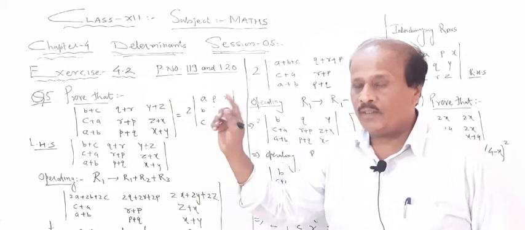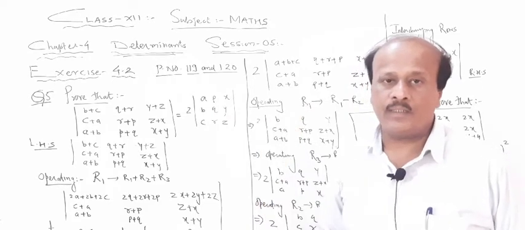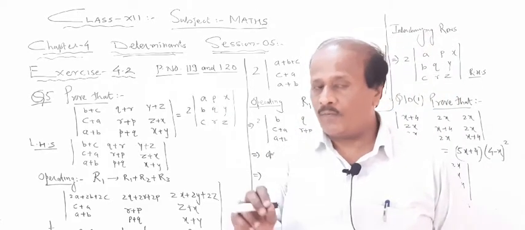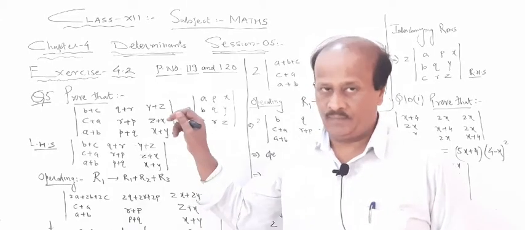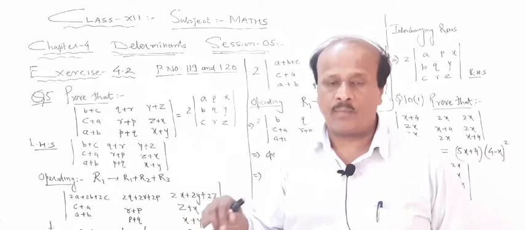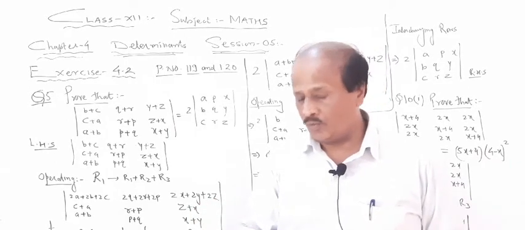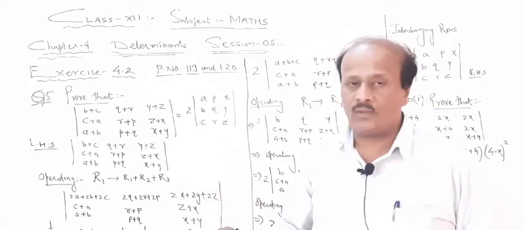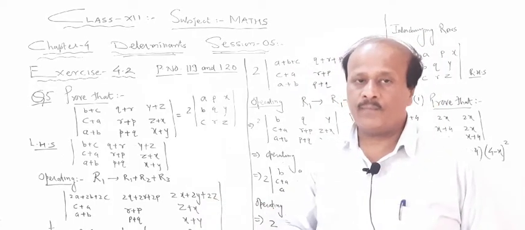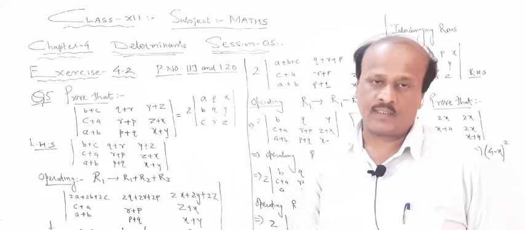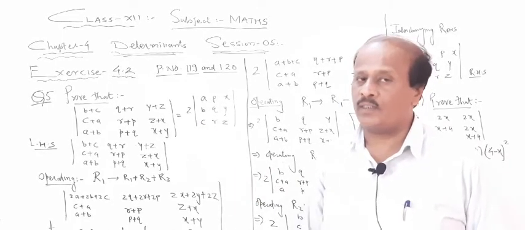So again, a reminder of the properties of determinants. There were 6 properties. The first 3 properties were very easy. If you interchange the rows and columns, property number 1, there is no change in the value of a determinant. If you interchange two rows or two columns, the value of the determinant differs by a minus sign, the opposite sign.